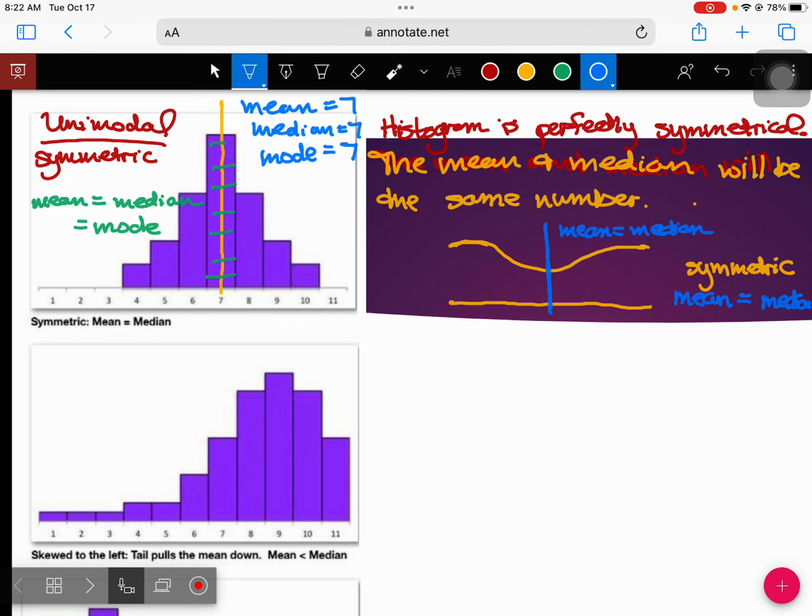But is this unimodal? No. So your modes, how well does that show up? Not really. Your modes are right here at the high points. So here is a mode and here is a mode.